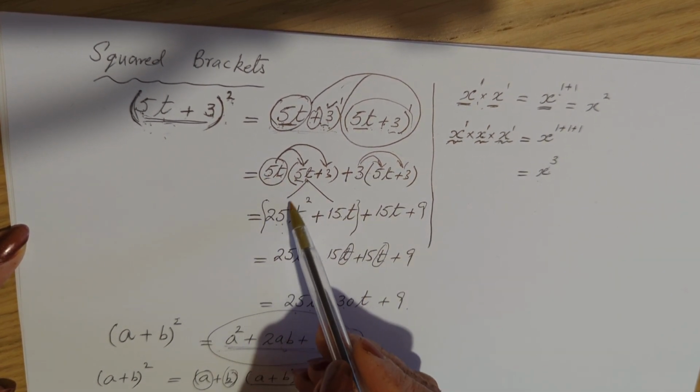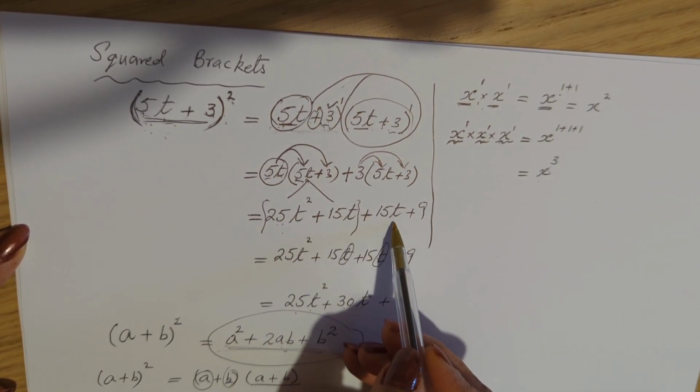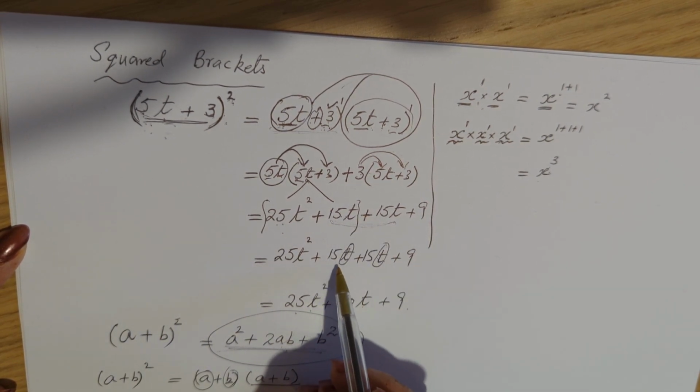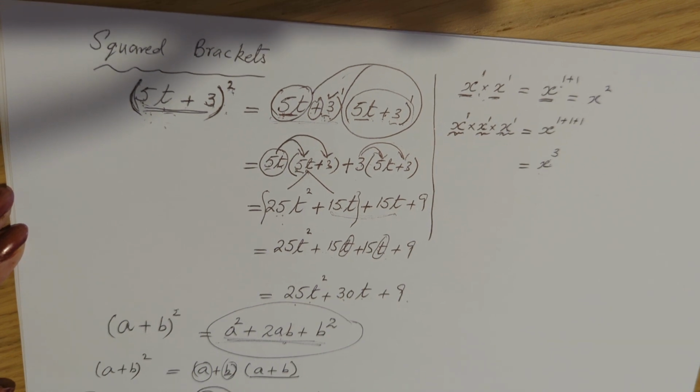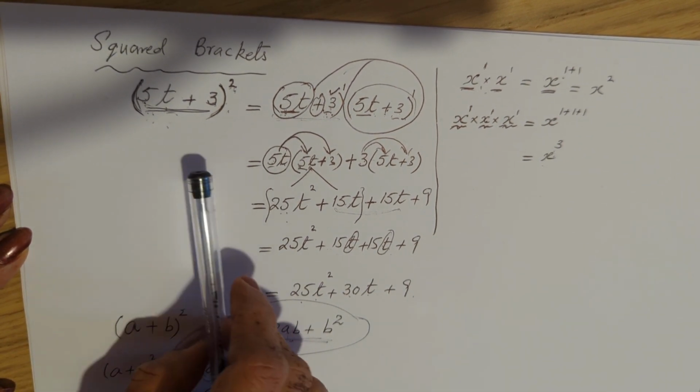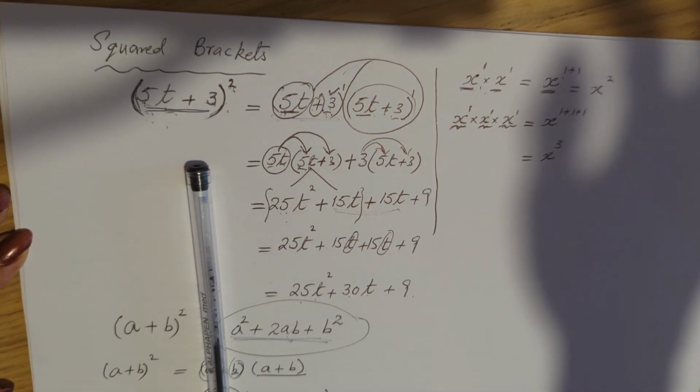After this, you will do the simplification and add the similar terms and you will get your answer. So this is the way how we can solve the squared brackets in basic algebra.